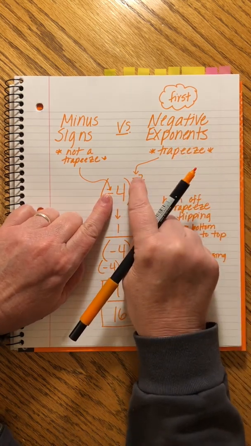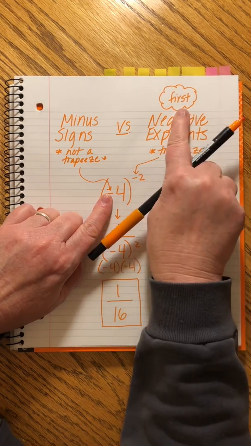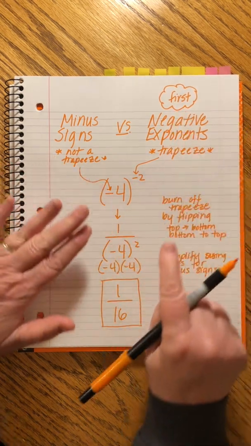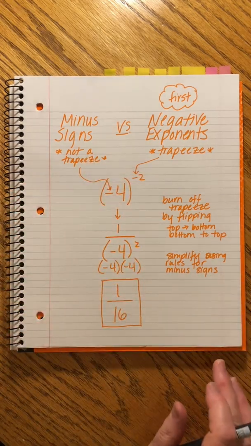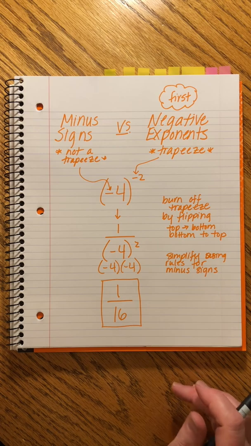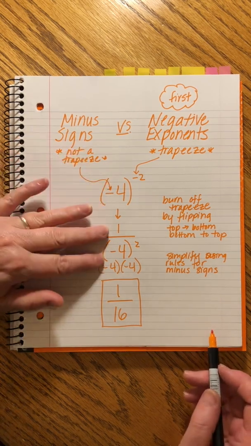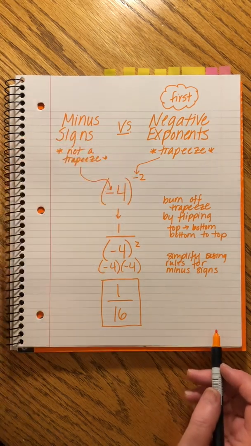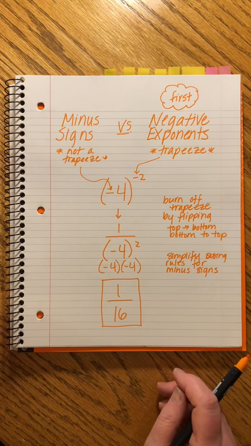And negative exponents have a very special and unique meaning, and we resolve those first. And remember that when you burn off that trapeze, just copy everything else exactly the same. See, I don't even think about the rest. I just deal with the trapeze. And then I look and see what I've got and figure out how to simplify it.